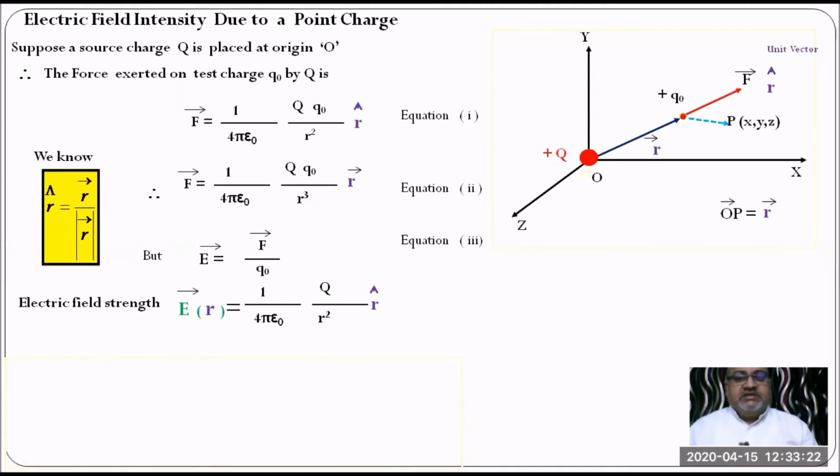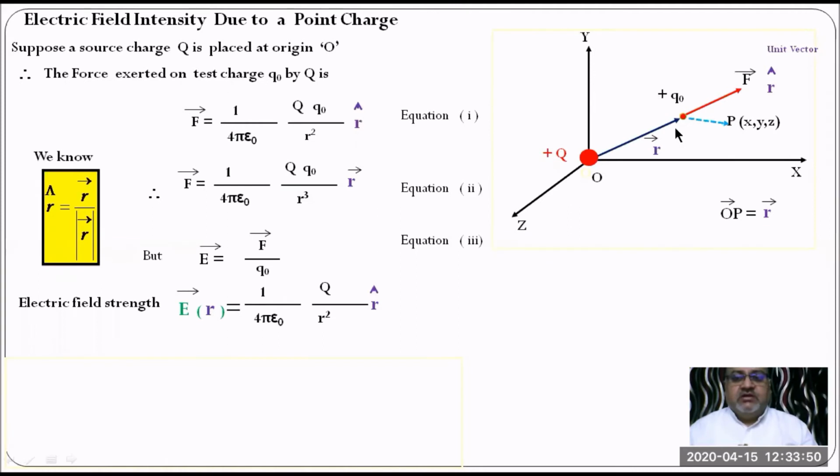This is the expression of electric field at point P, which is at distance r from the source charge capital Q. This is the field. The direction of electric field is along the r cap, that is along this.